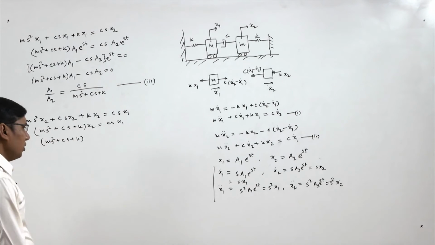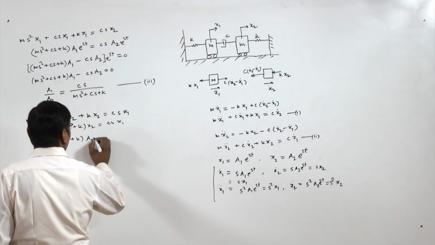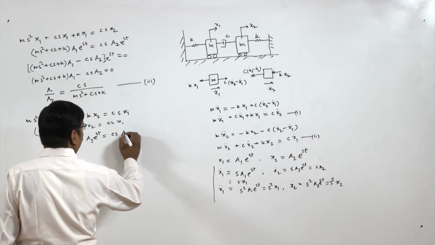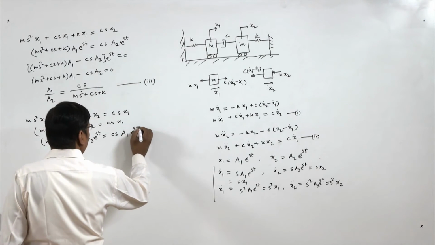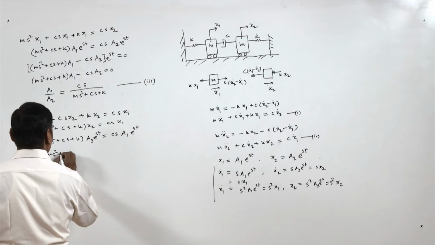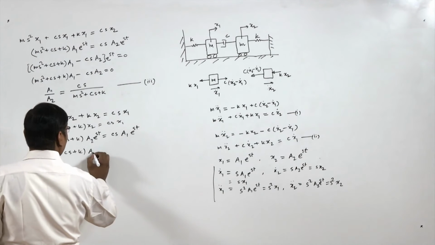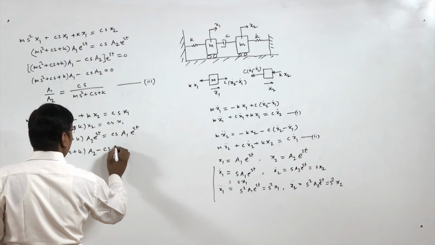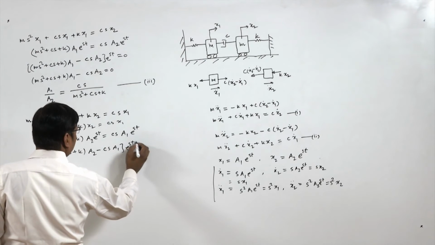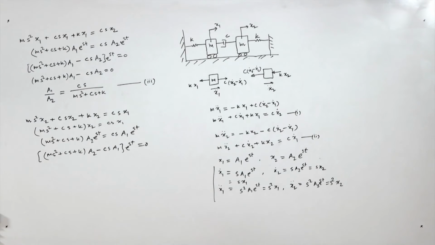Now, x2 is a2 e power st, and x1 is a1 e power st. So, again (m s square plus c s plus k) a2 minus c s a1, times e power st, equals 0.